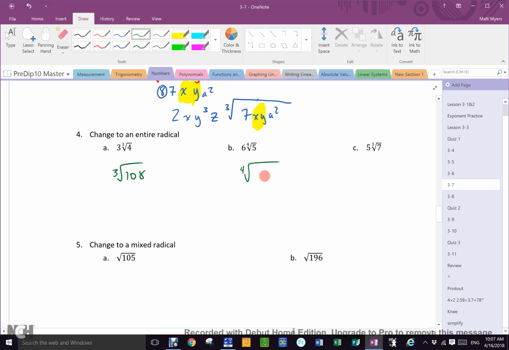So 5,000 and another 1,000 is 6,000. I can't be bothered. 1,296 times 5, which is 1,300 times 5, which is 65, which is 6,480. That is the cube root of 125 times 7, 700, and 175, 875.